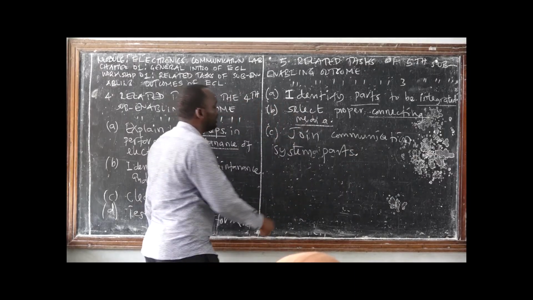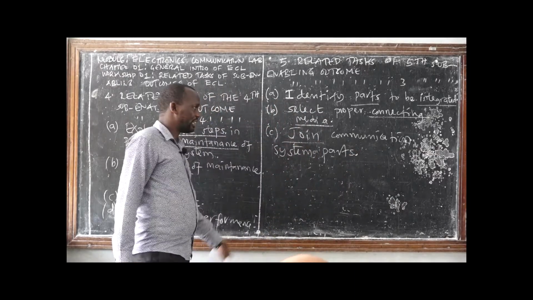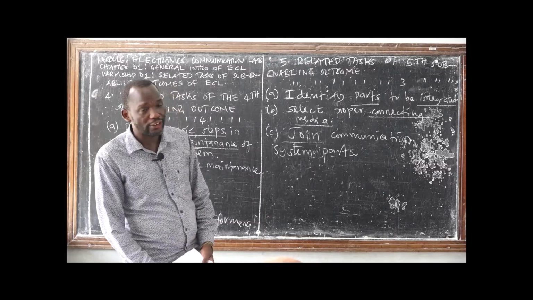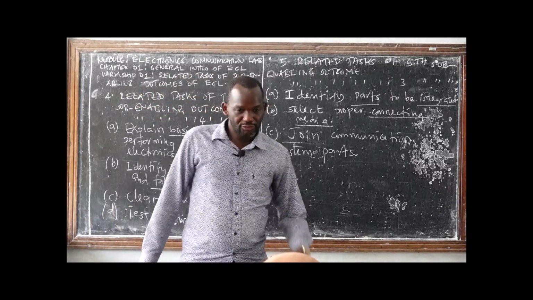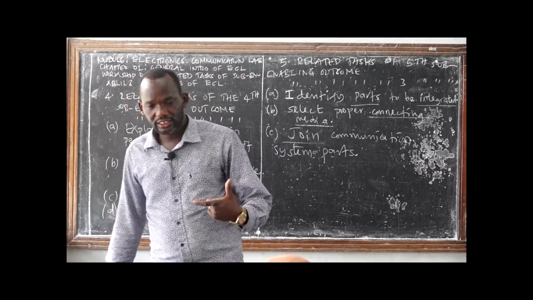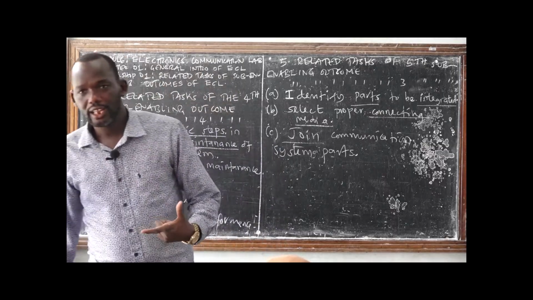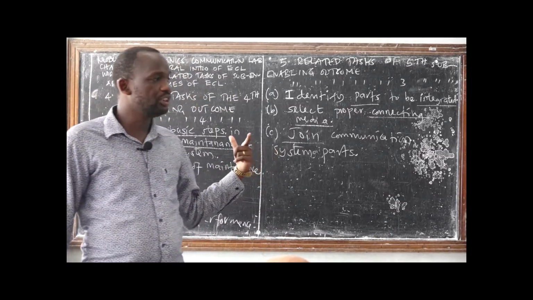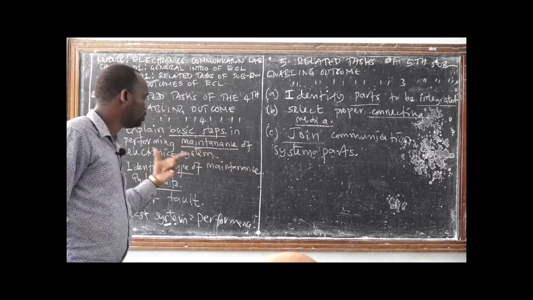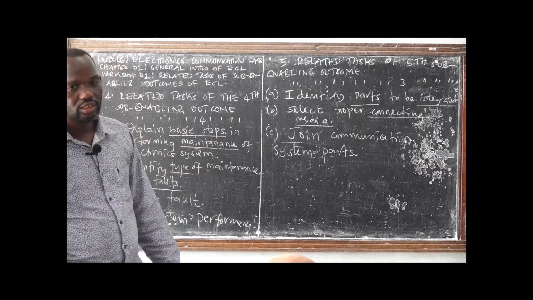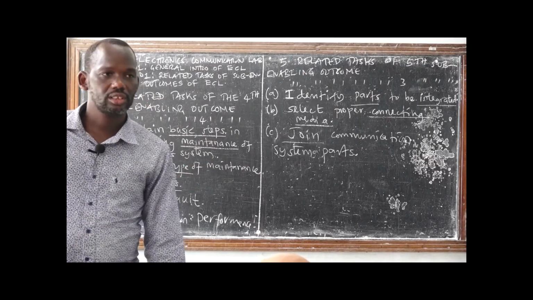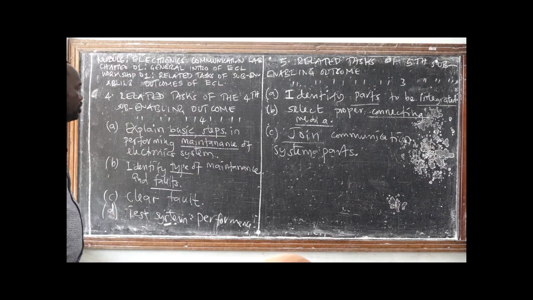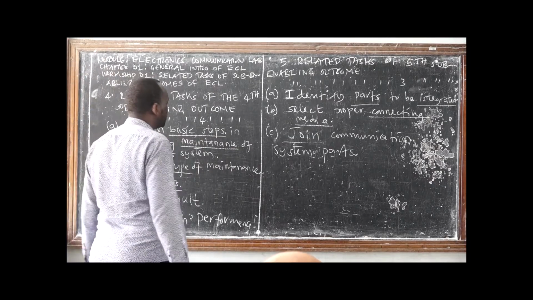Join communication system parts. You have identified the parts to be integrated or to be connected. You have selected the proper connecting media. Now you have a responsibility of what? Join those different communication what? Parts. Or system, communication system parts.